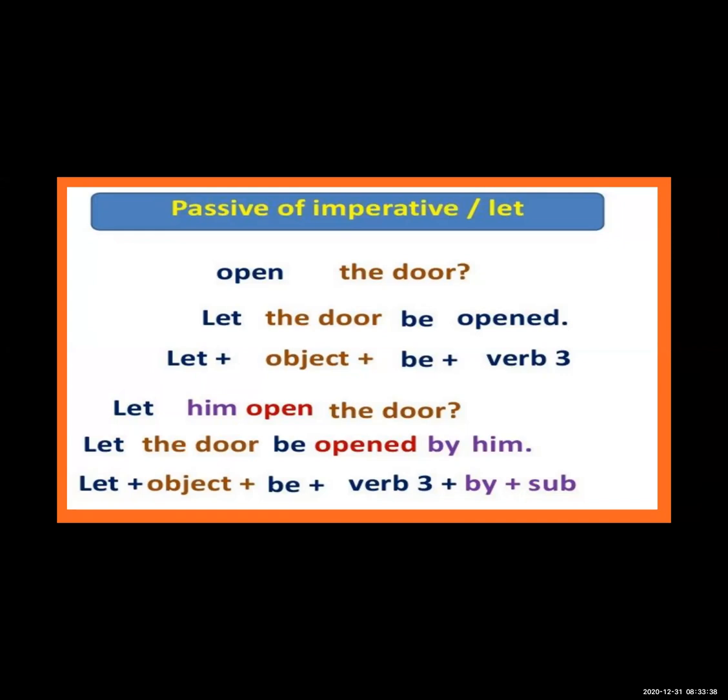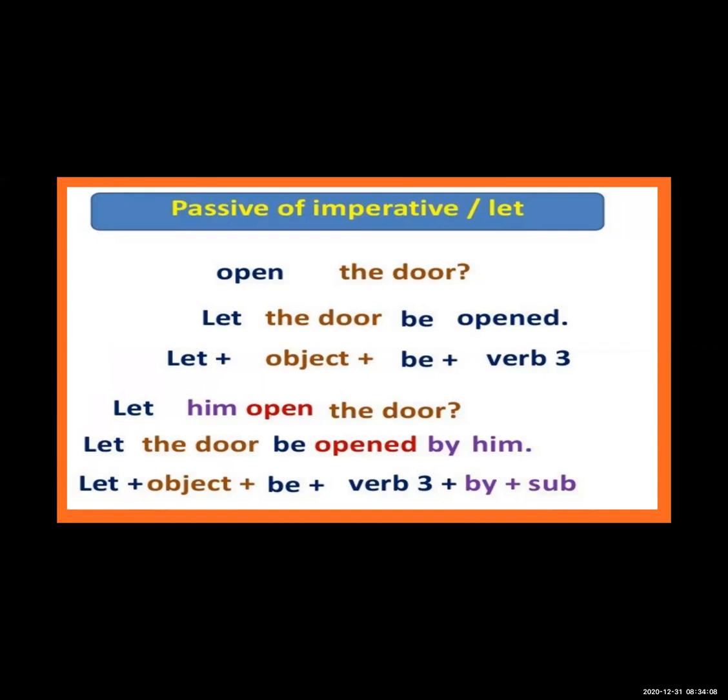So the door is the object. So let plus object plus be plus verb 3 form. So how it will form? Let the door. The door is the object plus what they have told you, be. So simply add be. Then after that verb 3 form. So which is the verb? Open is the verb. So open will become opened.